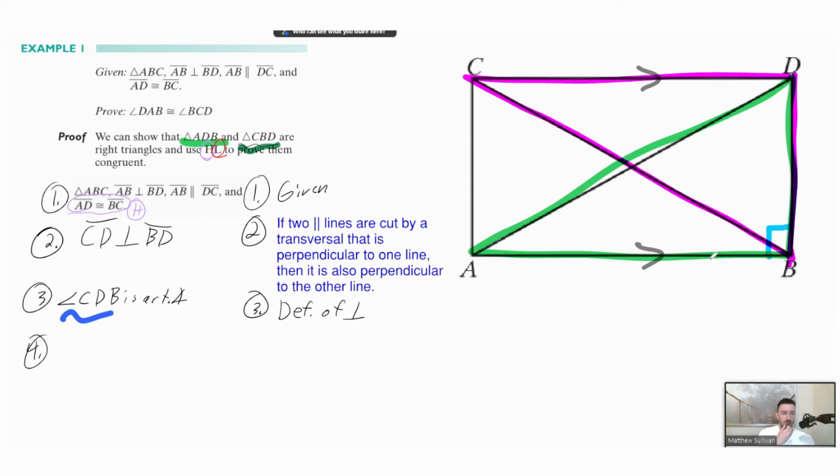Between those two, do we have a leg that we know is equal to the leg from the other triangle? The parallel lines? No, it's not, because that's the hypotenuse, right?